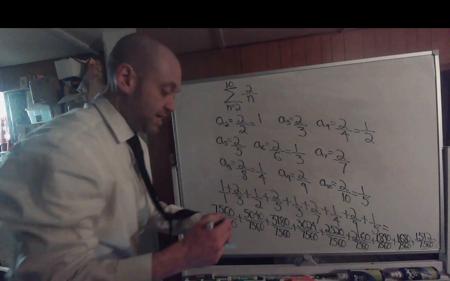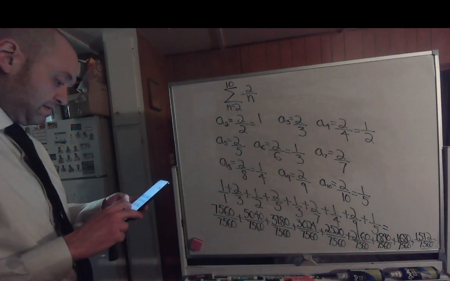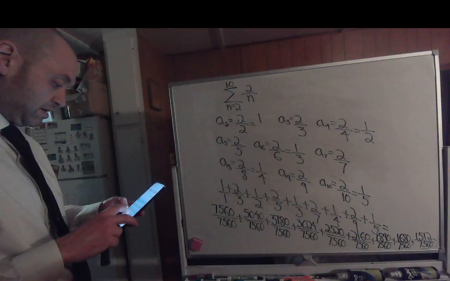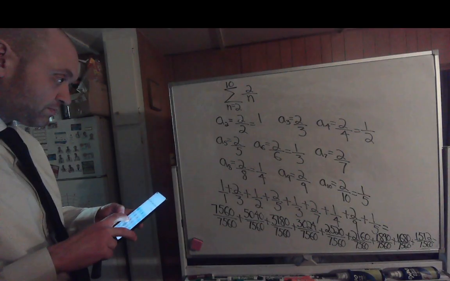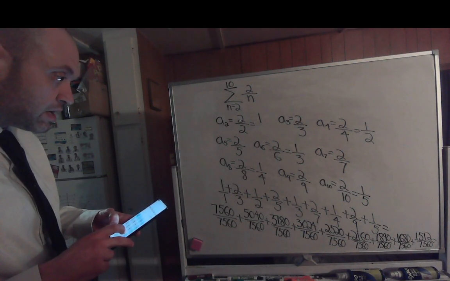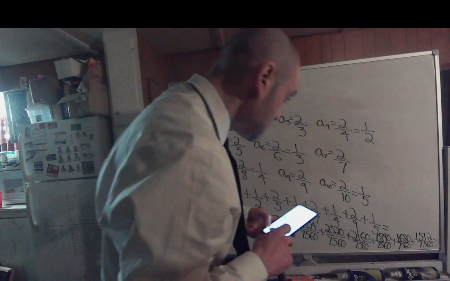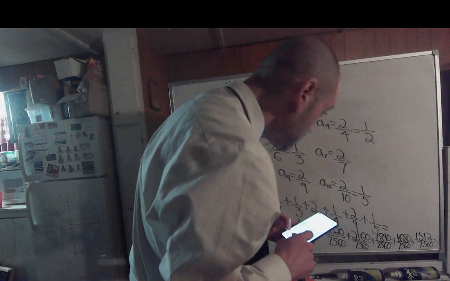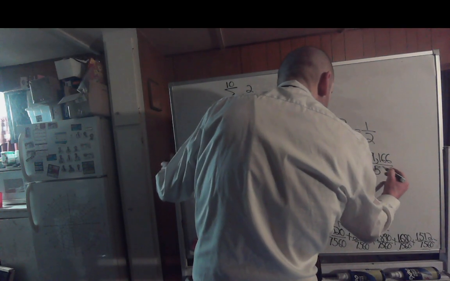That's a doozy, isn't it? So let's add all the numerators together. You'll end up getting 29,166 over 7,560.